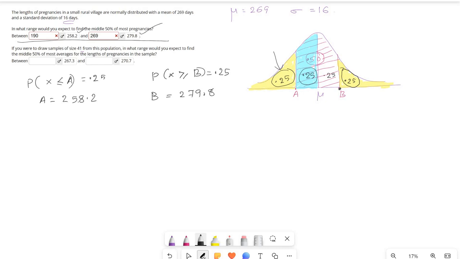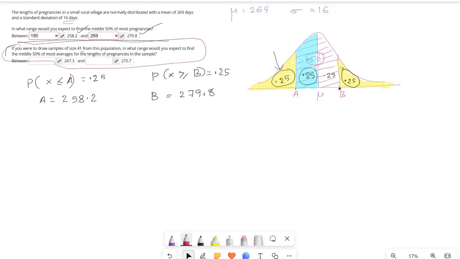So that is the range: the A value is 258.2 and the B value is 279.8. Got it?